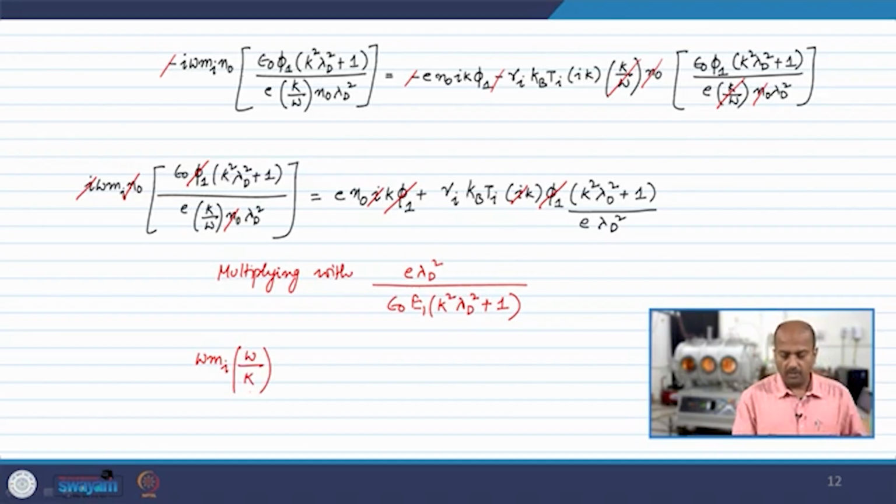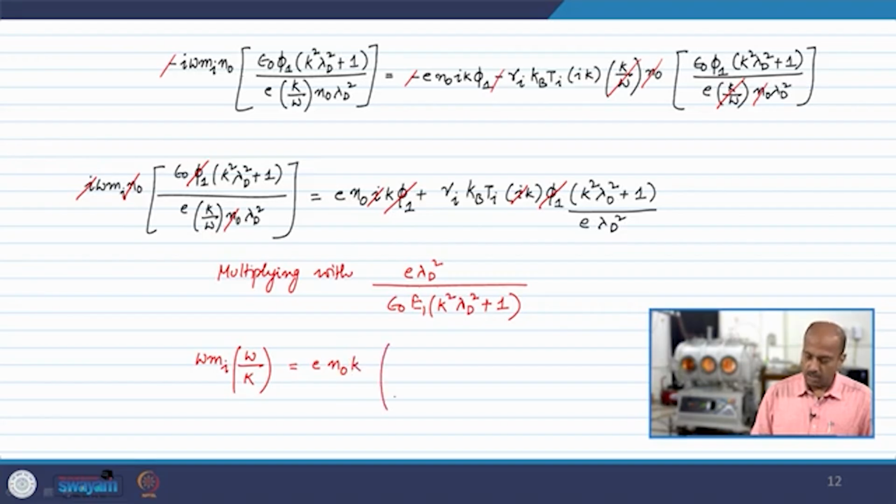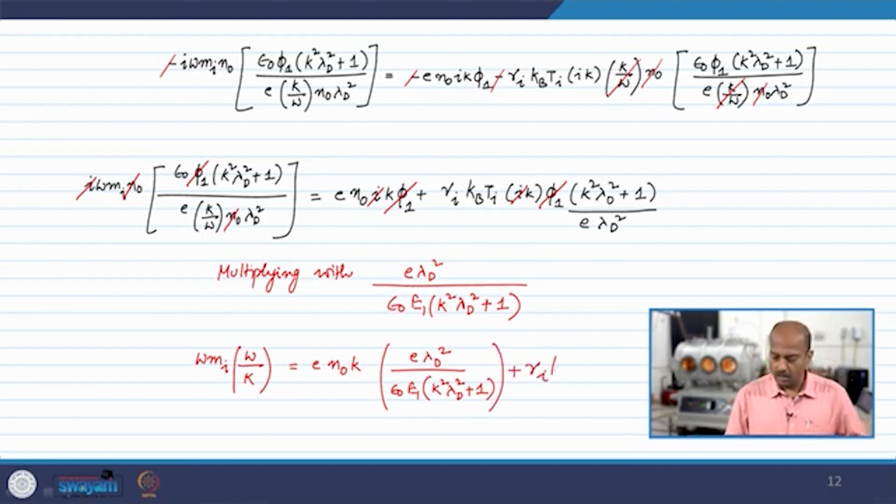You see, all these things will get cancelled. Omega by k equals e n naught k times e lambda d square divided by epsilon naught times k square lambda d square plus 1 plus gamma i kB Ti k.